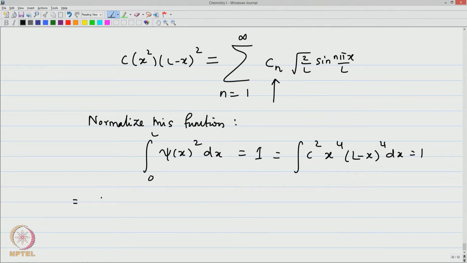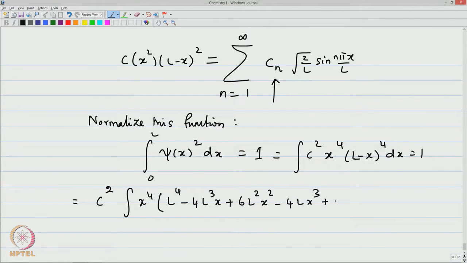So, if you expand this, c square times the integral of x raised to 4 times (L raised to 4 minus 4 L cube x plus 6 L square x square minus 4 L x cube plus x raised to 4) dx is equal to 1.